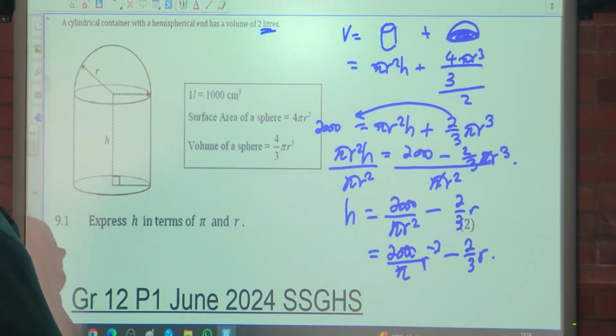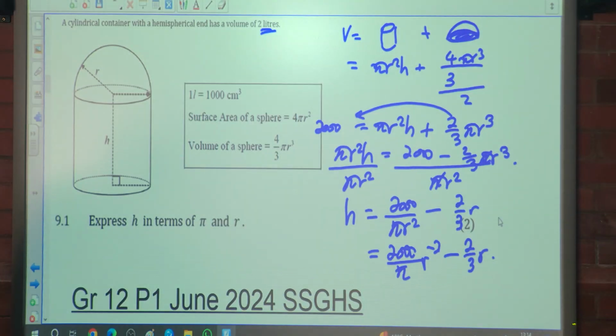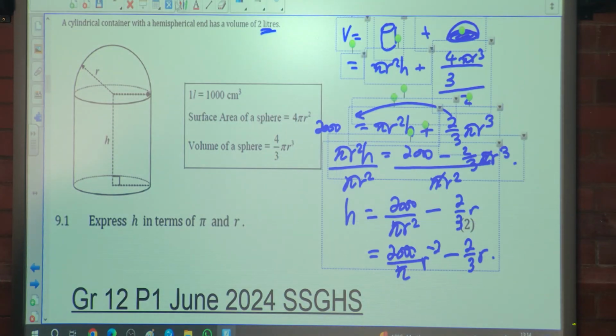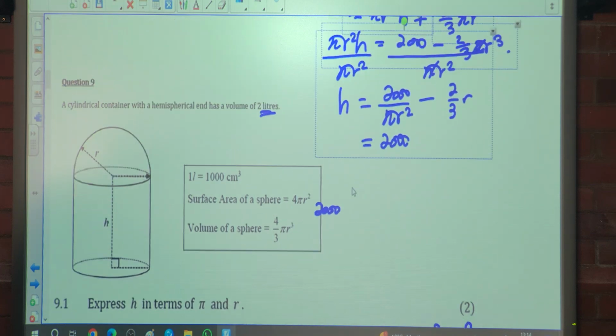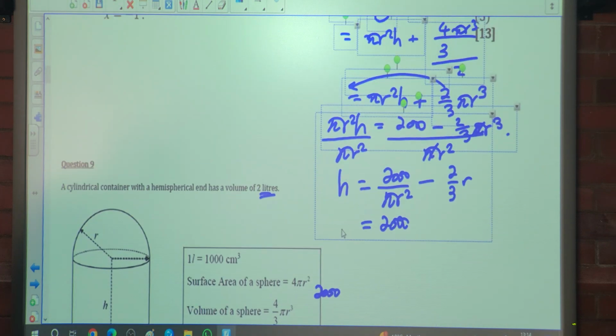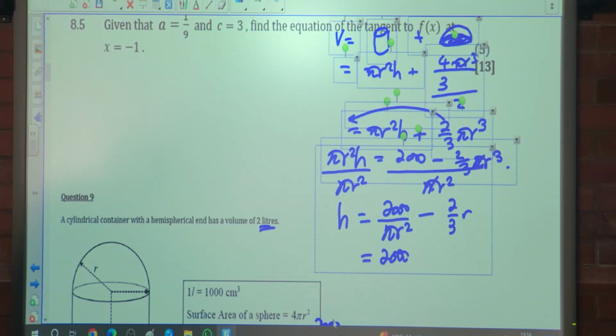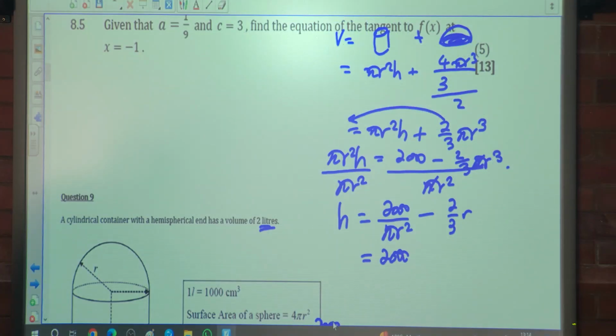So let's carry on. Remember, that is now your h value. I'm going to move this up in case I need it again. I doubt I will need it again.